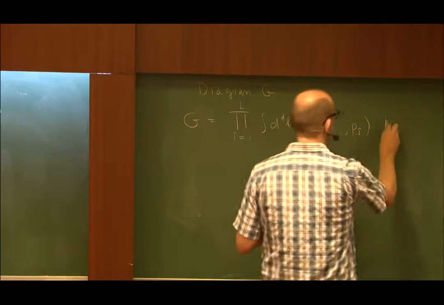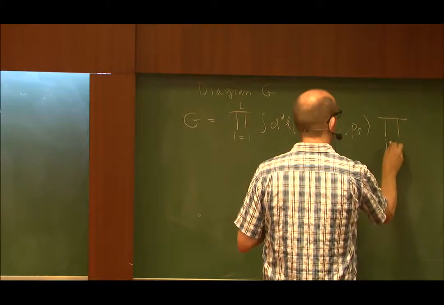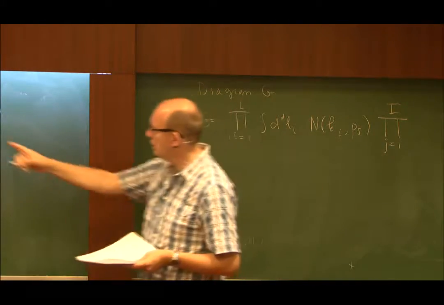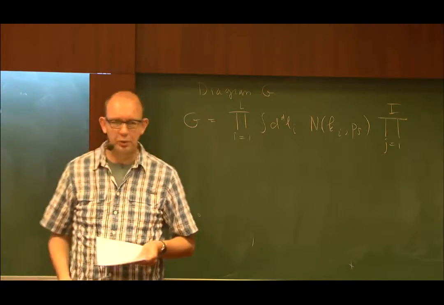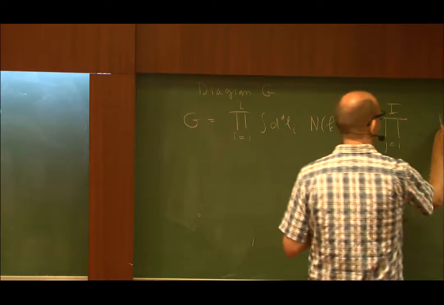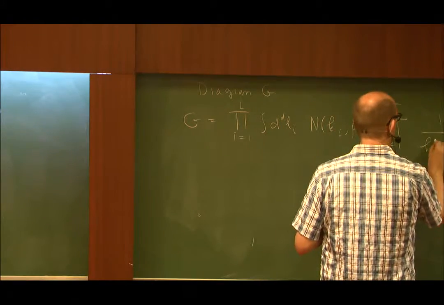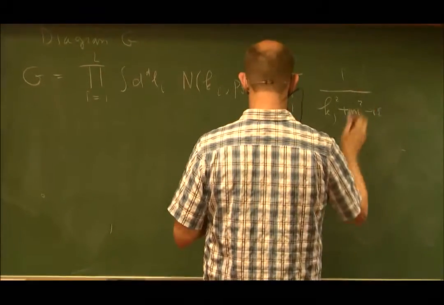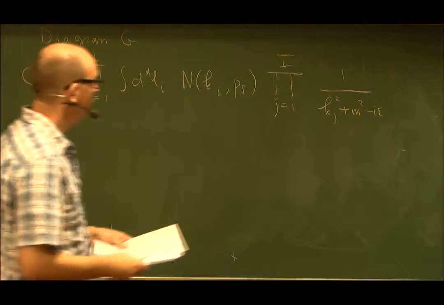And then I have all these internal lines. The total number of internal lines I call I. In this case, it was 3. In the previous diagram, it was many. I forget exactly how many. And each of them will have a factor k_j squared plus m squared minus i epsilon. That's it, really.